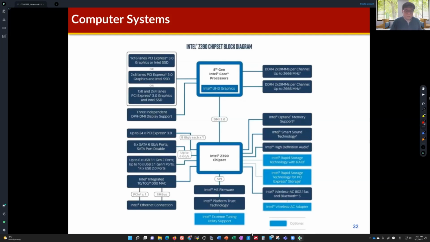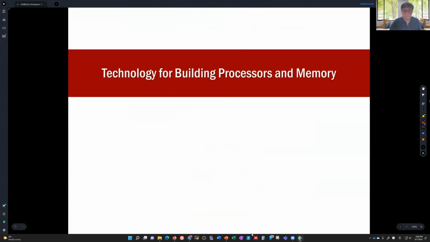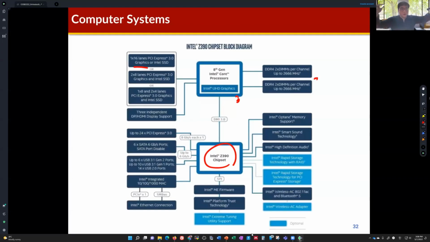This figure explains how the CPU, an Intel 8th generation Intel Core processor, is connected to the motherboard chipset, and how the chipset is connected to other I/O devices. Also this CPU chip is directly connected to graphics like GPUs and memories, like DRAMs. That is the overall view of our computer systems.